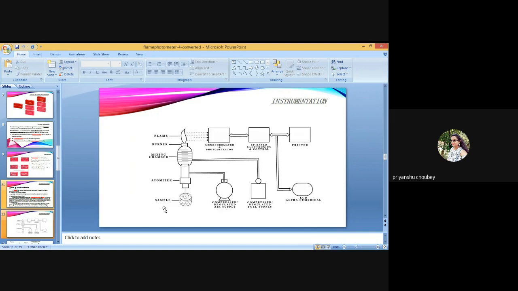Spectroscopy gives both qualitative as well as quantitative results. The maximum wavelength of the bulk gives information about the structure.